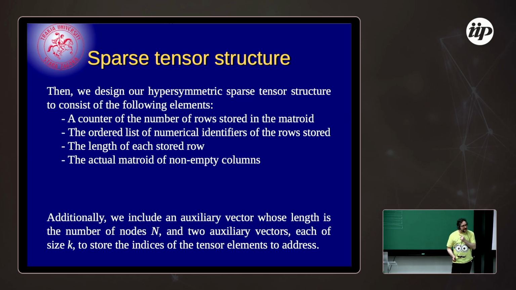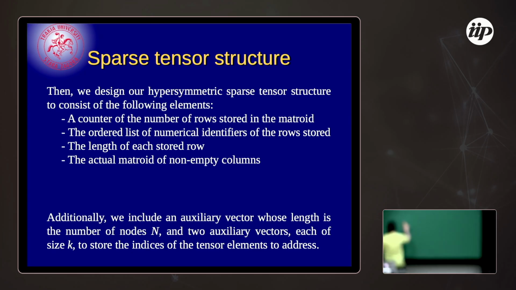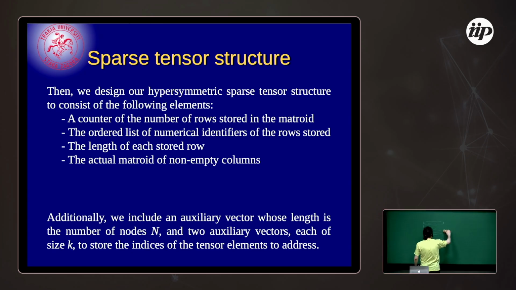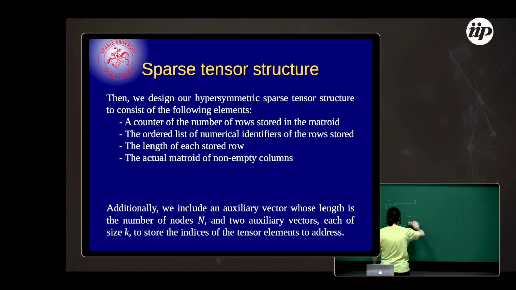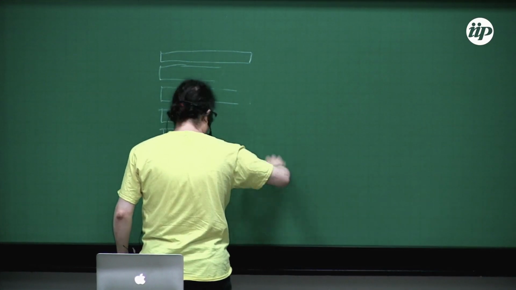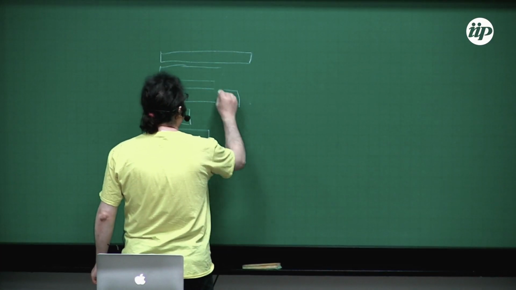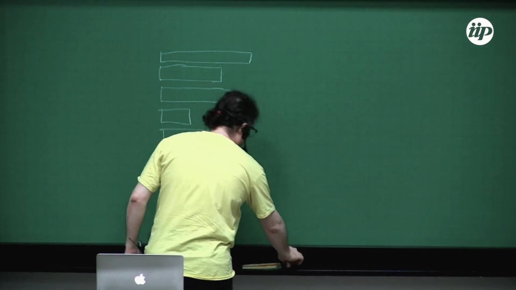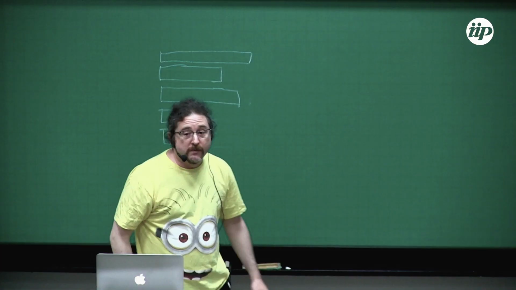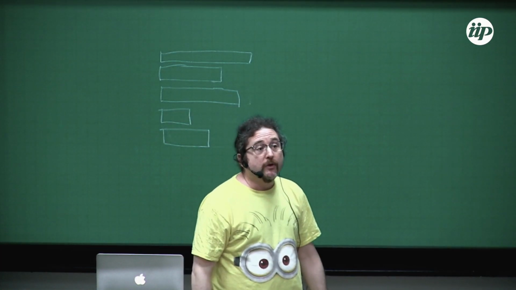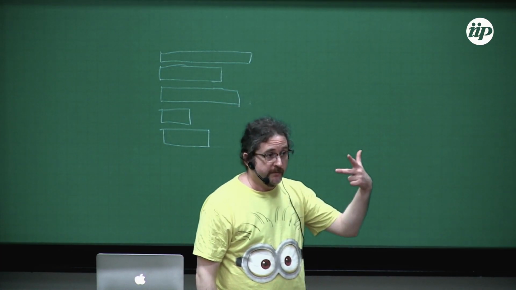I said, but this is not a matrix, this is a matroid, because each row doesn't necessarily have the same length. So rather than being something like this, it will be more something like this. Some rows will be longer, some rows will be shorter, and we need to know how long each row actually is. Number three.